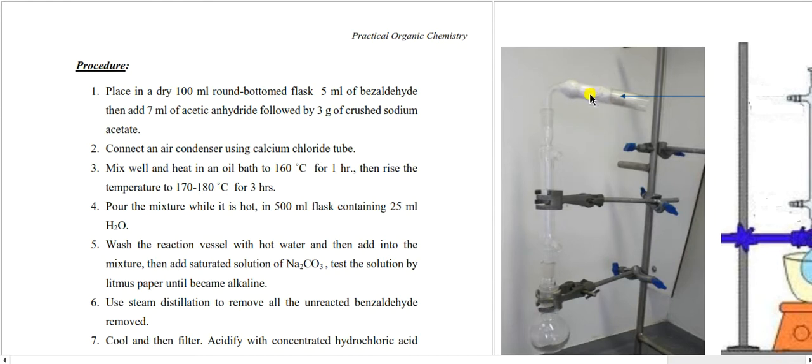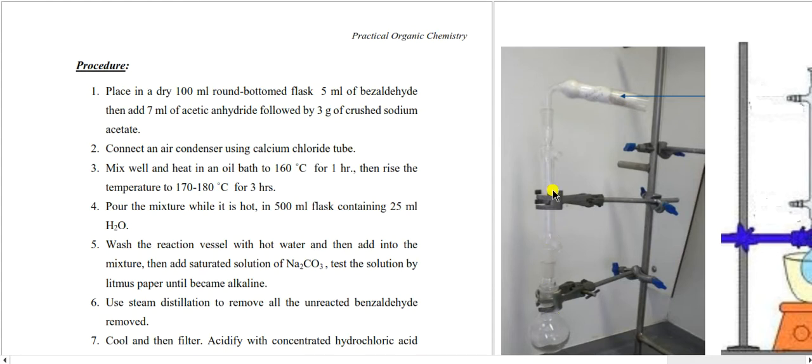This calcium chloride is a drying agent like MgSO4. So any moisture in the atmosphere will be trapped here, preventing moisture from the atmosphere from moving inside our glassware and mixing with the starting material.